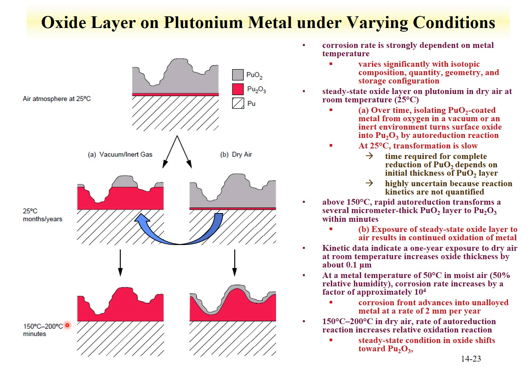If the temperature is increased, what we see occurring for both systems is that the Pu2O3 layer can be very large. In the dry air, it goes to a steady state, whereas in the vacuum and inert gas, this phase can be the dominant oxide phase.